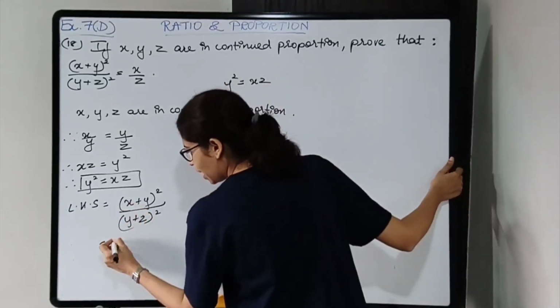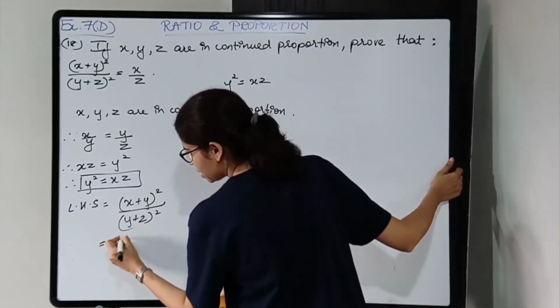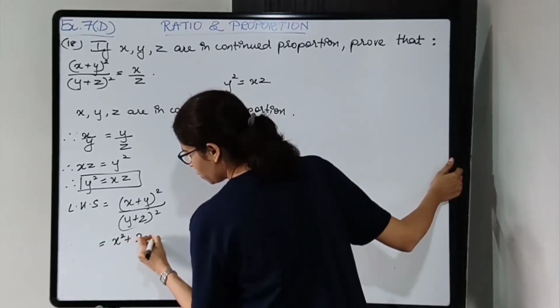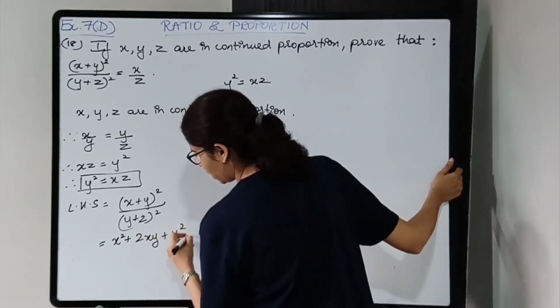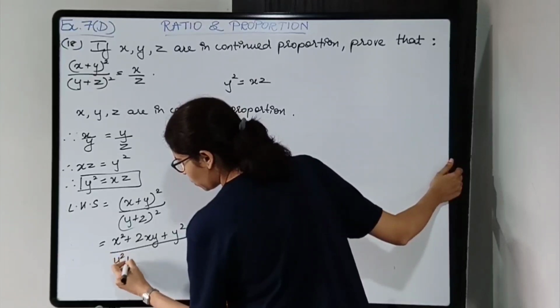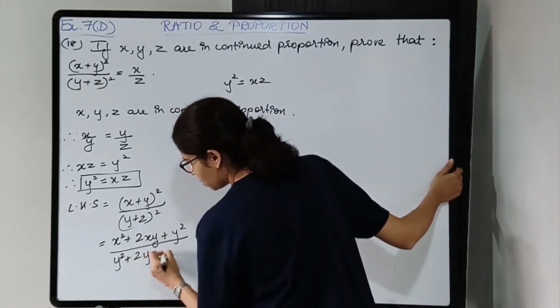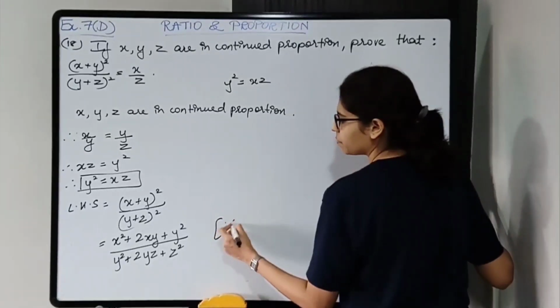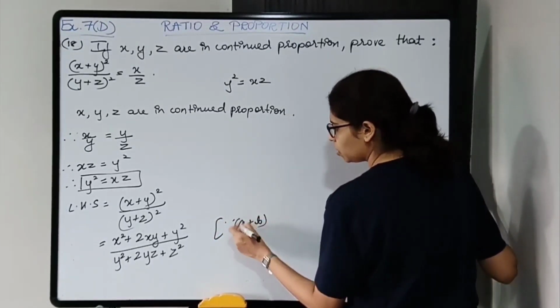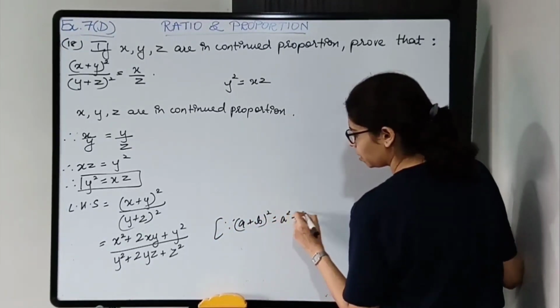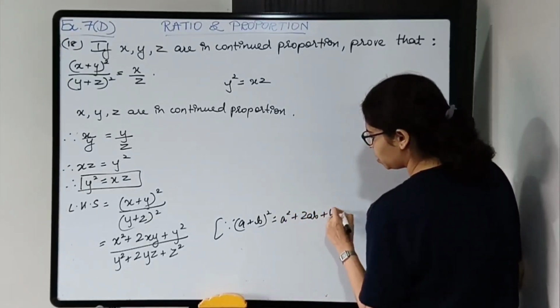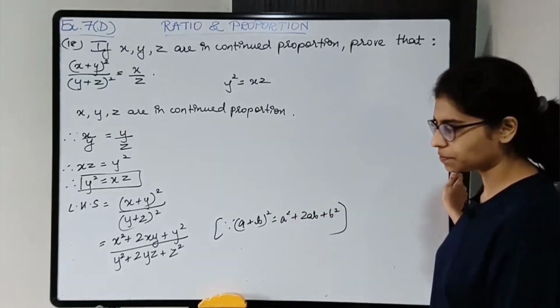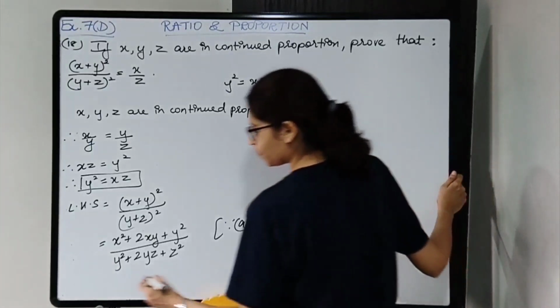So in place of a there is x, so x square plus 2xy plus y square, upon y square plus 2yz plus z square. Since you are using the identity, you have to give reason. A plus b the whole square is equal to a square plus 2ab plus b square.